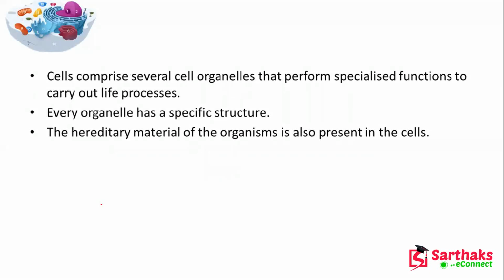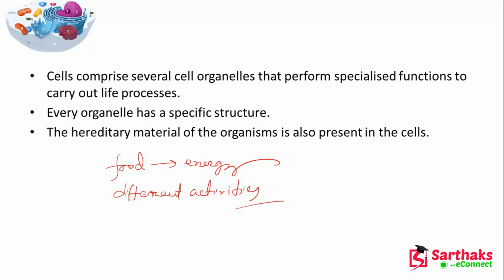Now, cells comprise several cell organelles that perform specialized functions to carry out life processes, like converting food to energy and different activities. So if any organ has to do some activity, it is the cells that actually perform the main function.